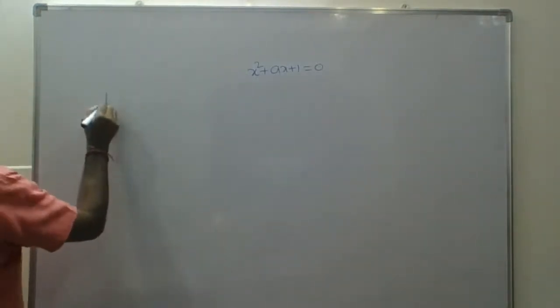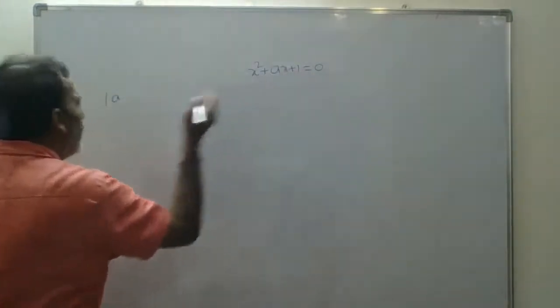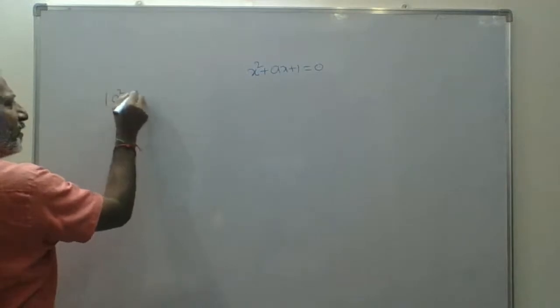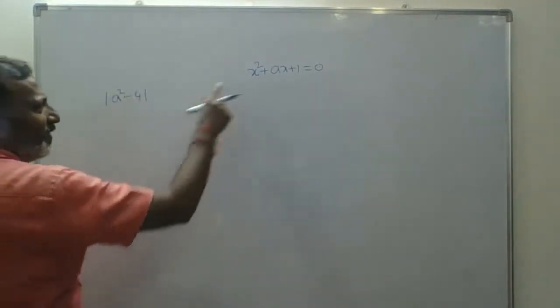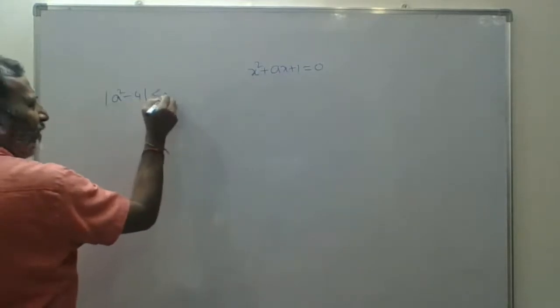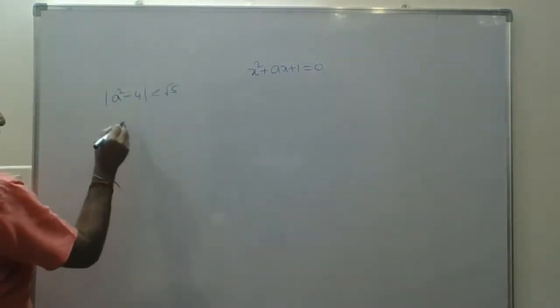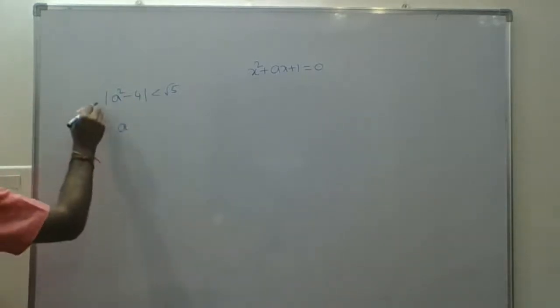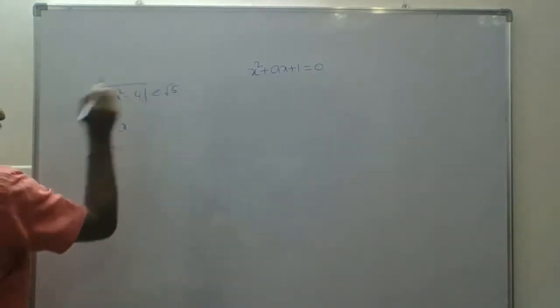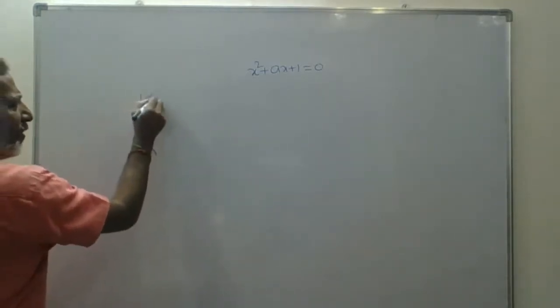Difference of the roots means root of b square minus 4ac, which here is a square minus 4 into 1 into 1, less than root 5. Squaring on both sides: the difference of the roots is mod alpha minus beta.